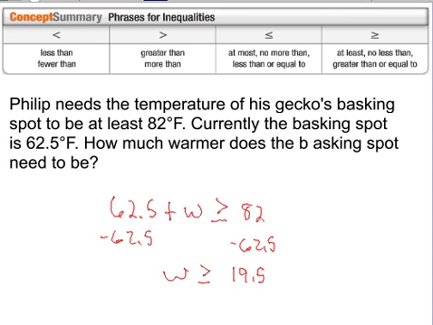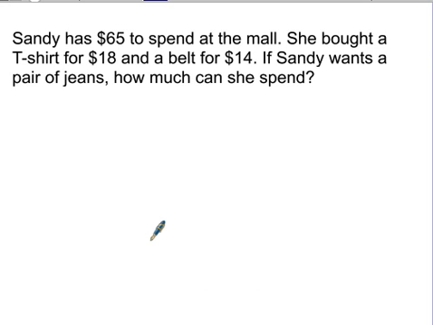All right, that's good. Last one here. Sandy has $65 to spend at the mall. She bought a t-shirt for $18 and a belt for $14. If Sandy wants a pair of jeans, how much can she spend? The trick with this one is, does she have to spend all of her $65? No, she could spend less, right? So she could spend 18 plus 14 plus the cost of her jeans, and that needs to be less than or equal to 65.